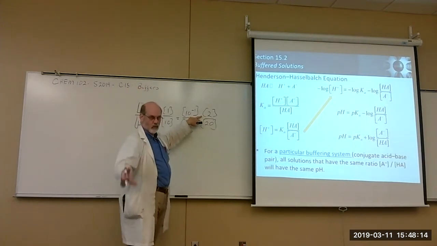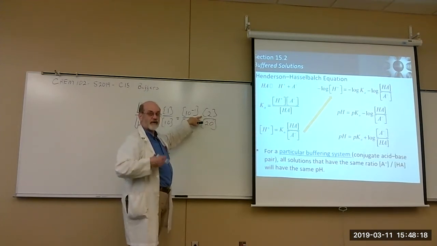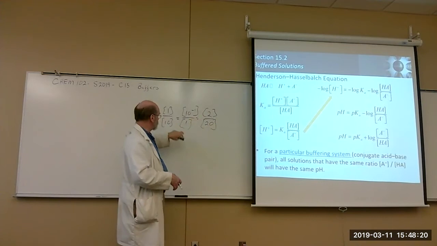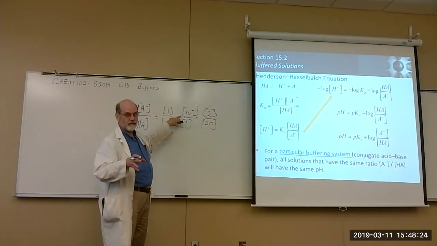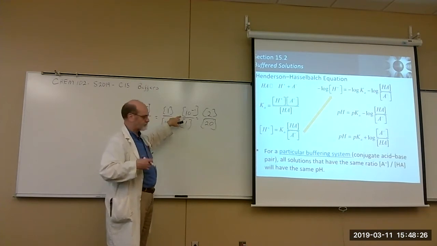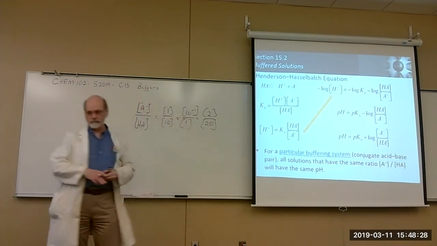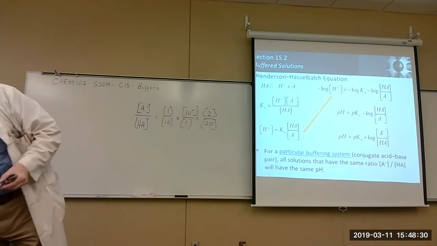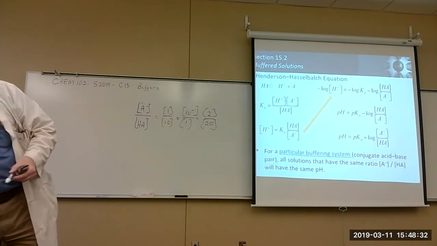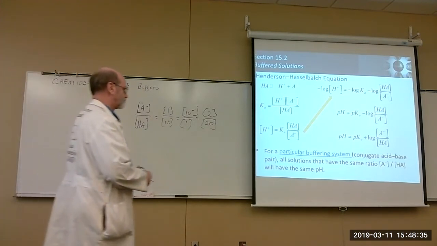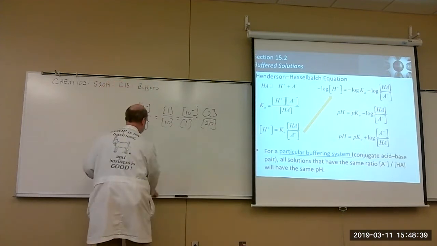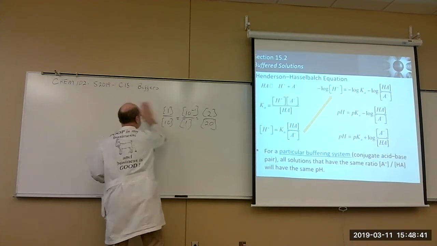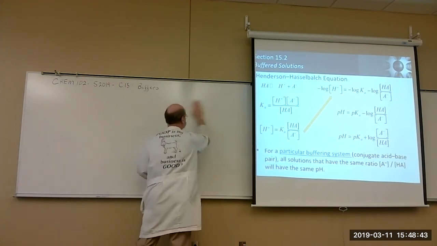It can absorb more acid or more base before its capacity is exceeded. Whereas if you have a small amount with the same ratio, it has a lower capacity. Okay. So that's Henderson-Hasselbalch.